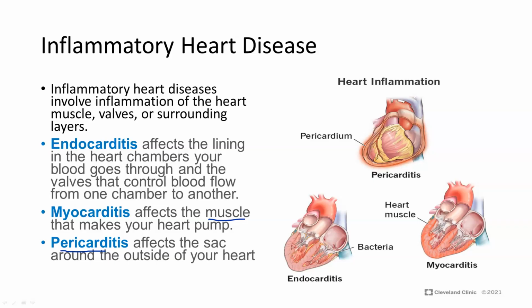When we have more fluid accumulation, because it's a finite space, the pressure is going to assert itself as the heart's trying to pump, and it's going to make the heart pump harder to overcome that extra pressure. And that's going to end up with what we're going to call cardiac tamponade.